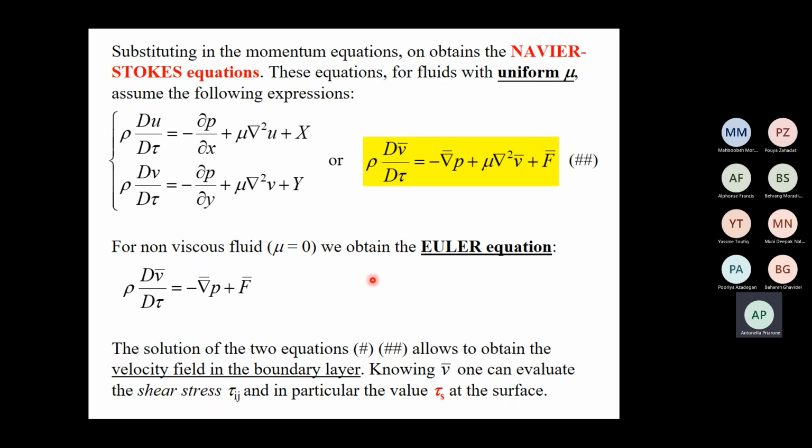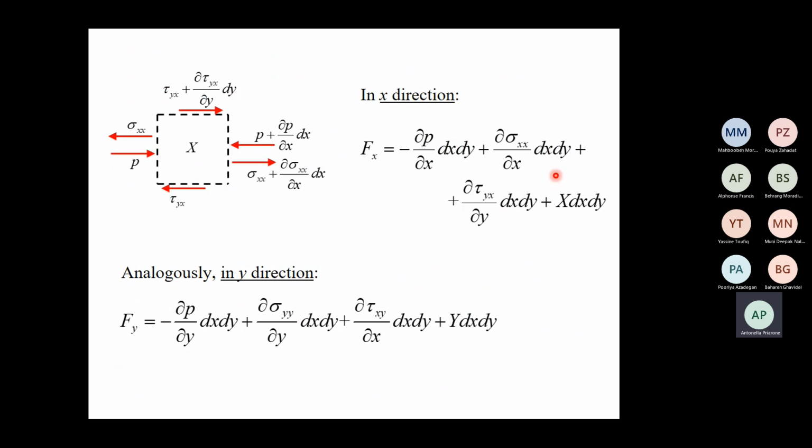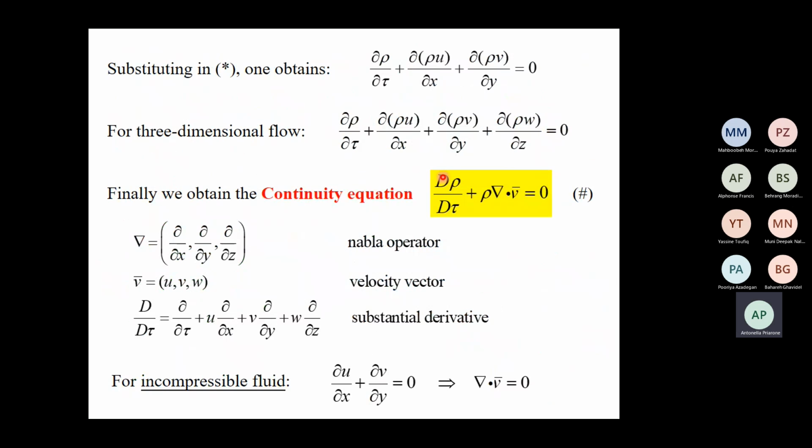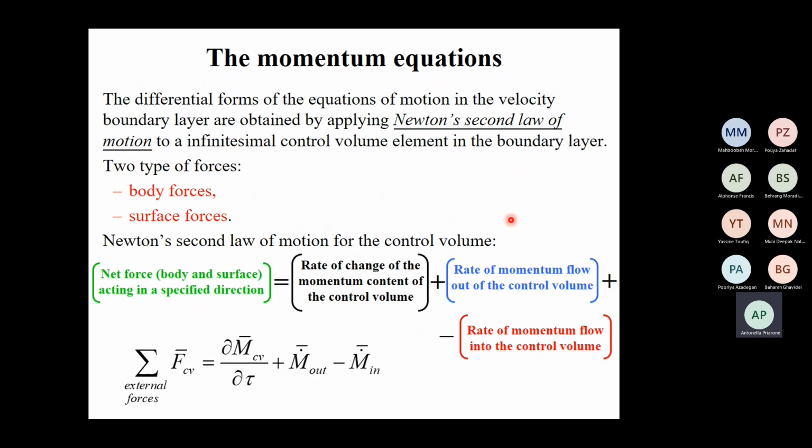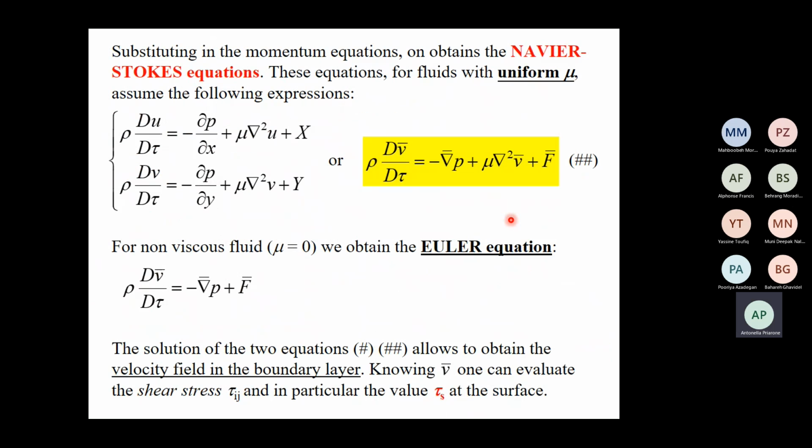An important point is that if I solve together this yellow equation and the continuity equation that was here, I can find the velocity field. The solution of the two equations in yellow, the continuity equation and the momentum equation, allows us to obtain the velocity field in the boundary layer.